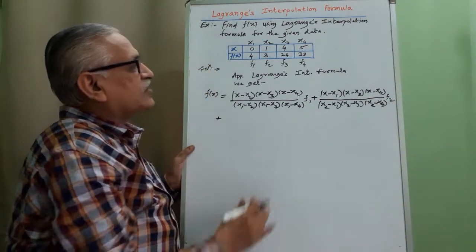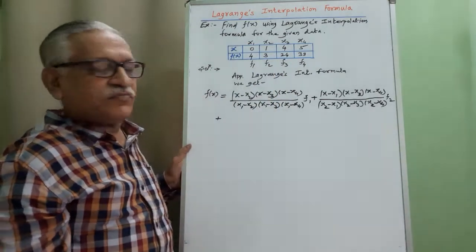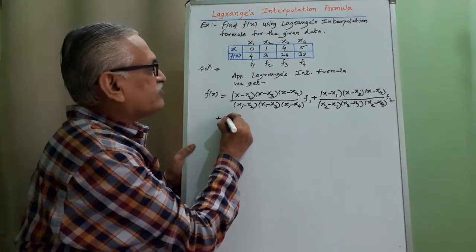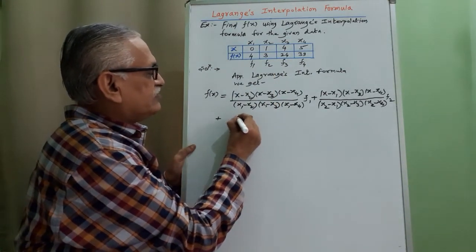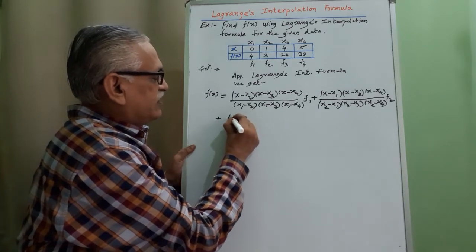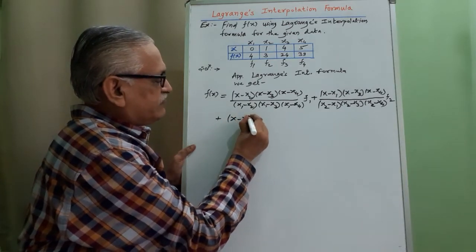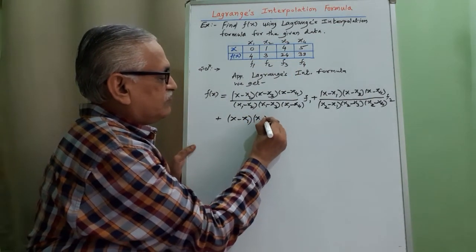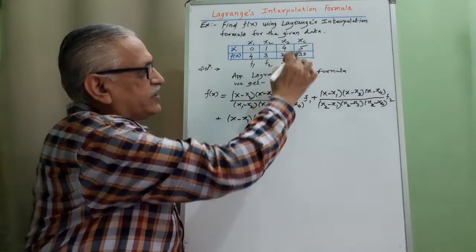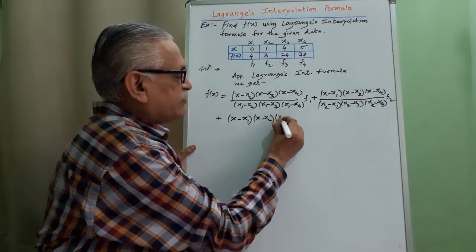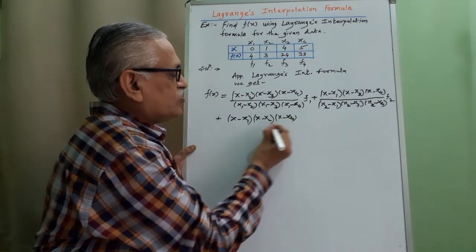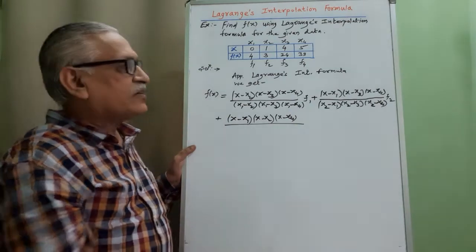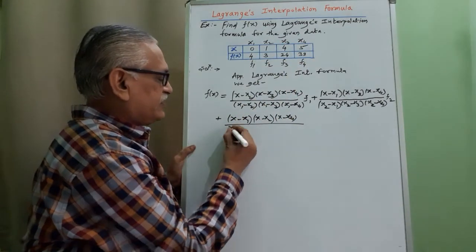Plus, the third time we neglect the third point x3 and write the product for the remaining points as x minus x1, then x minus x2, and lastly x minus x4, whole divided by the neglected point, here x3.